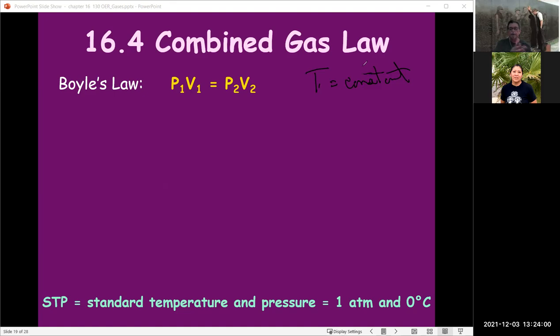And he found this relationship where the subscript 1 indicates the initial conditions of pressure and volume, and the subscript 2 indicates the final conditions of pressure and volume. And so you're always going to know three of those variables so you can calculate the fourth variable. Okay, and here, like I said, at constant temperature.